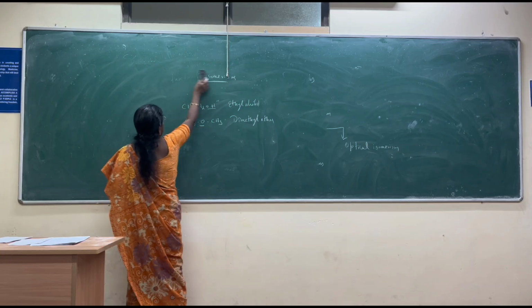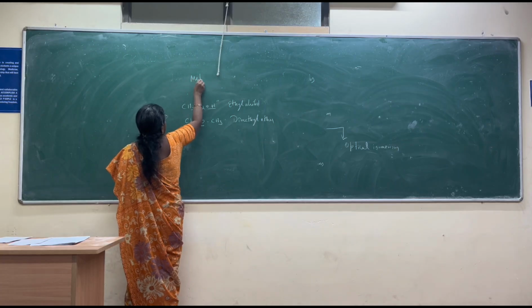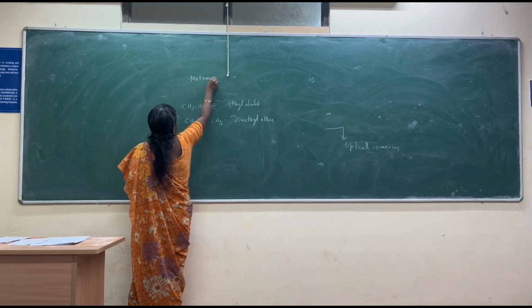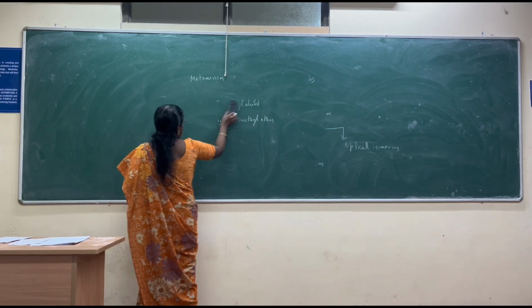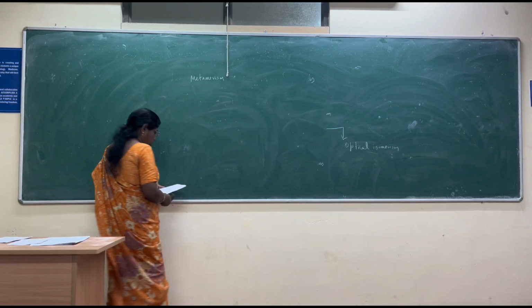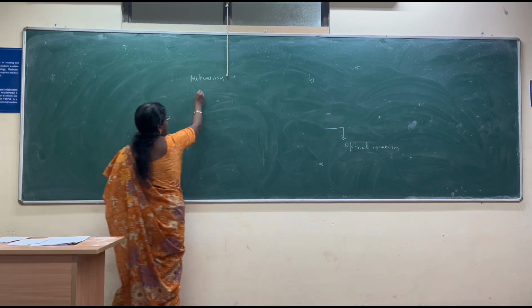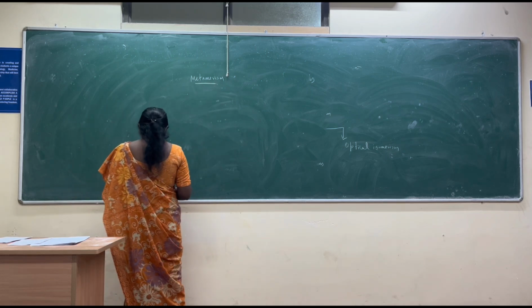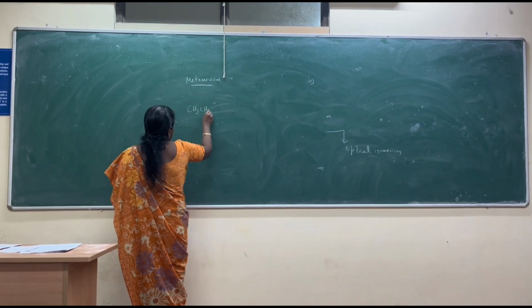And the next one is metamerism. This type of isomerism is due to unequal distribution of carbon atoms on either side of the functional group.